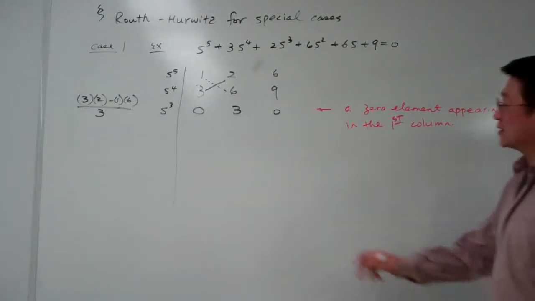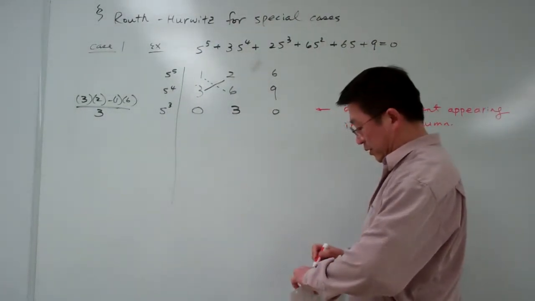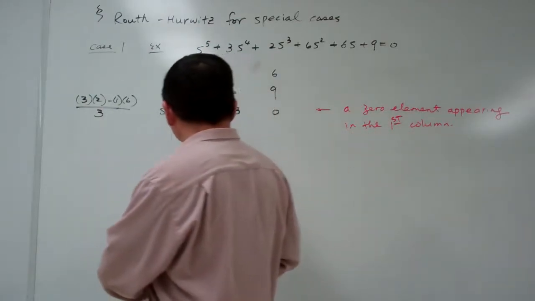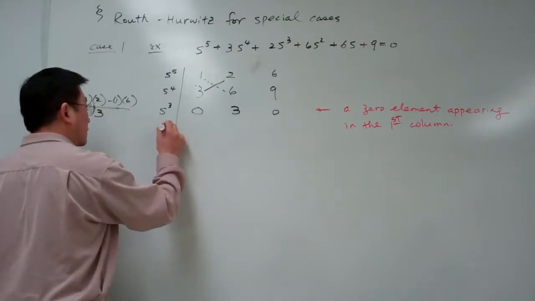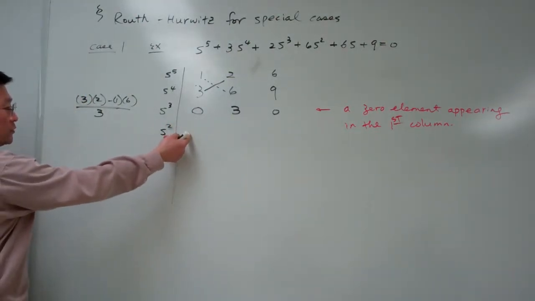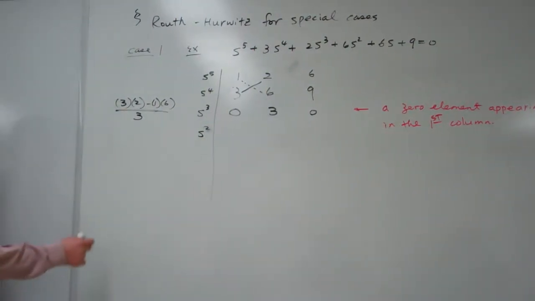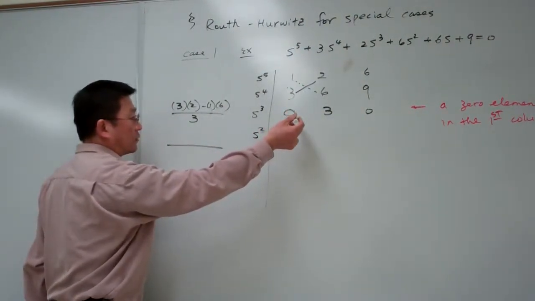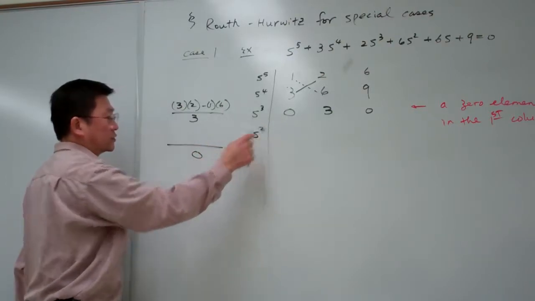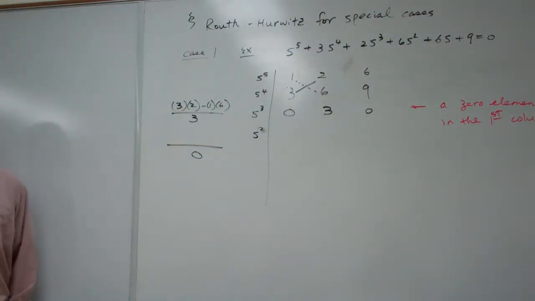Because of this 0, if we want to continue to the next row, we would try to apply the same pattern and divide by this number 0, which is infeasible.